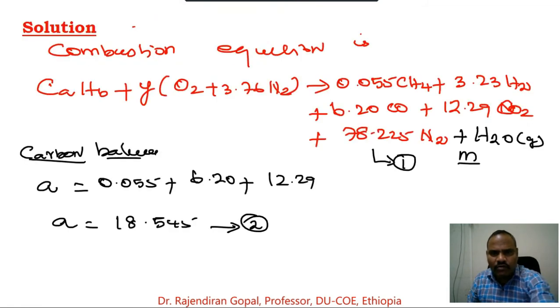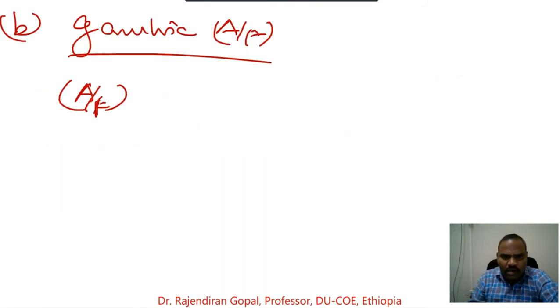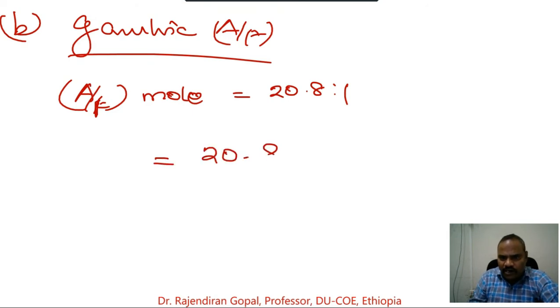Now the question B is the gravimetric air fuel ratio. We know that the amount of Y, the air fuel ratio on mole basis, is equal to 20.8:1. That means 20.8 mole of air per mole of fuel.